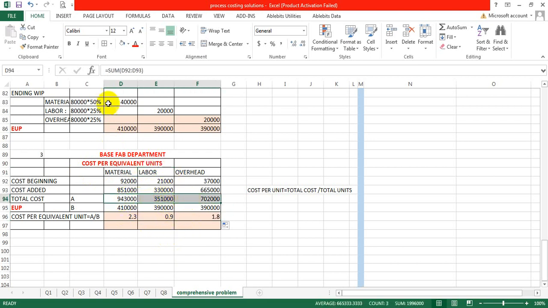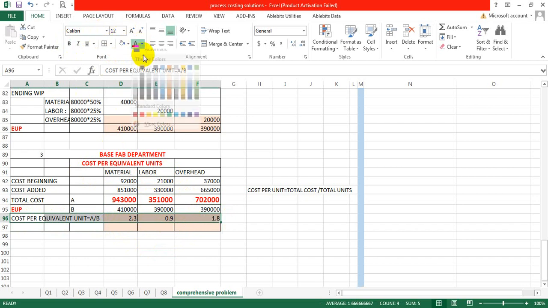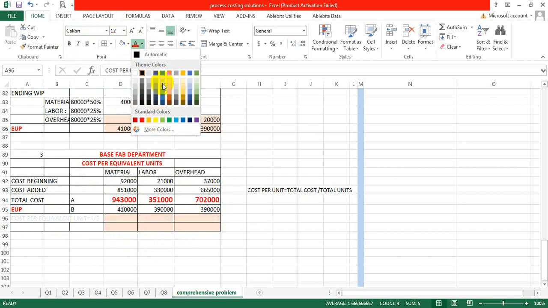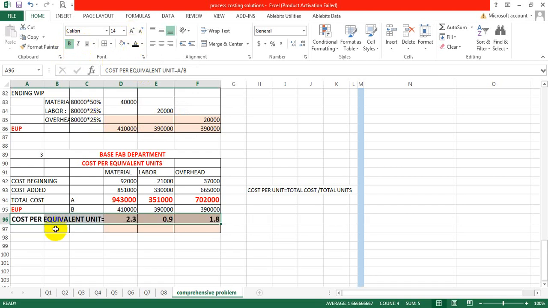Okay, my total cost is this, so I will highlight this. This is my total cost, and what I have calculated here is the cost per equivalent unit. So my cost per equivalent unit is 2.3, 0.9 and 1.8, right?